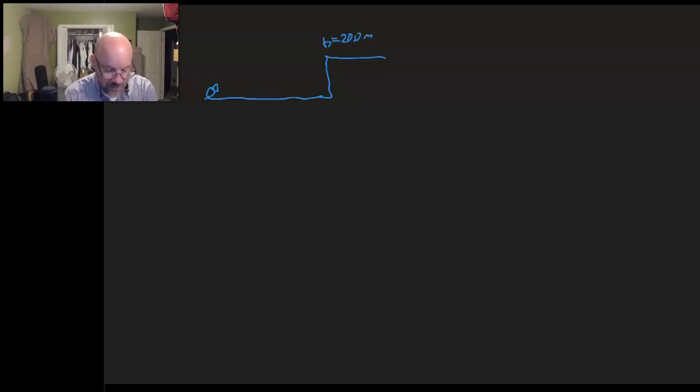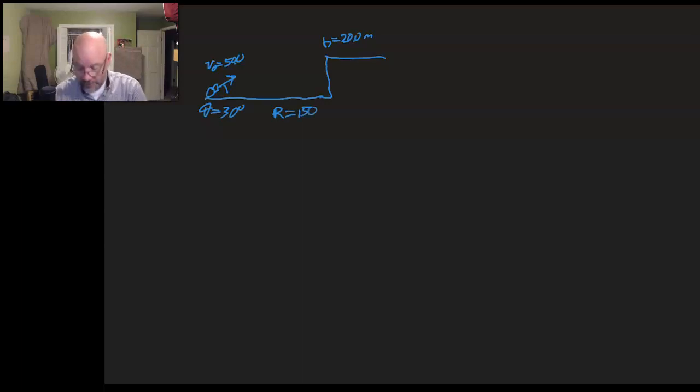Now, when we launch here, we're going to launch this thing at 50 meters per second. And our angle here, theta, is going to be 30 degrees. And the distance to the cliff, r, is 150 meters.